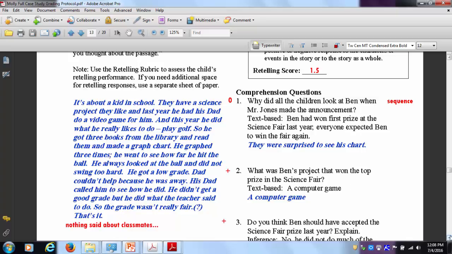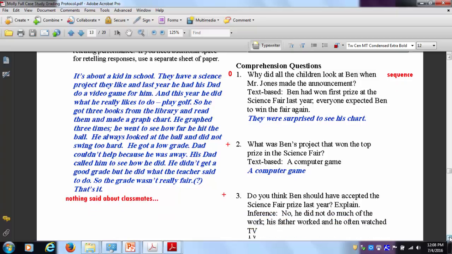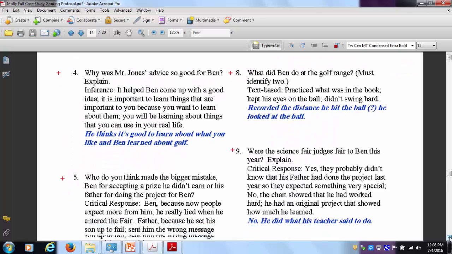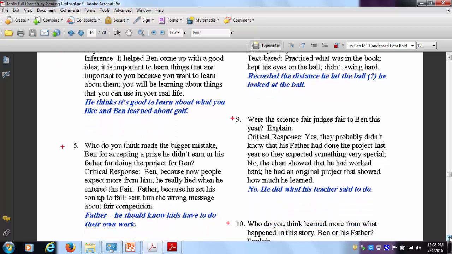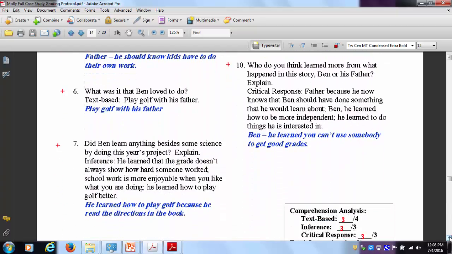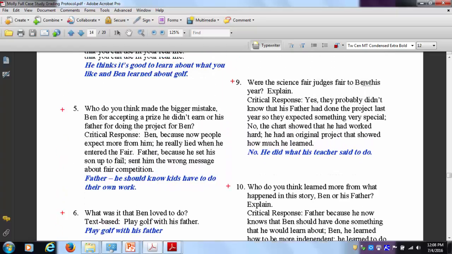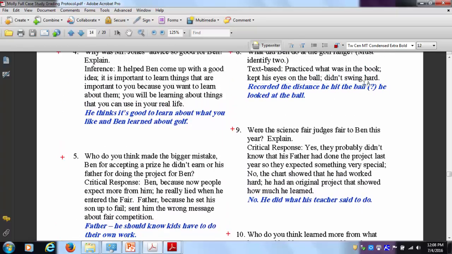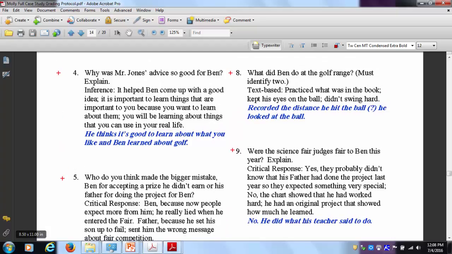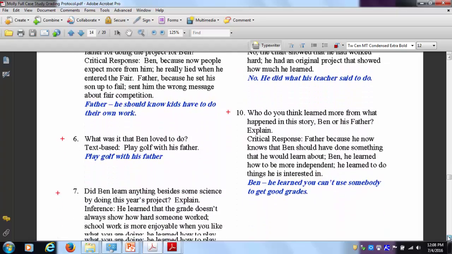But let's look on. 2 and 3, very good. 4, 5, 6, 7, 8, 9, and 10. Outstanding performance for Molly. All right, let's move here to get our summary.